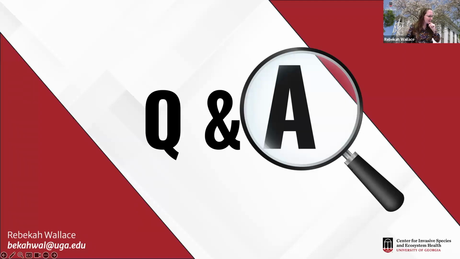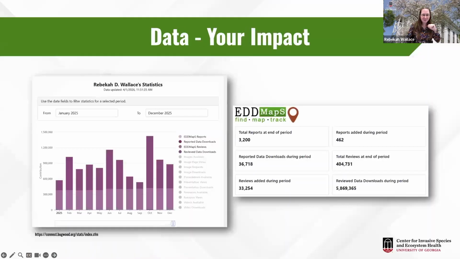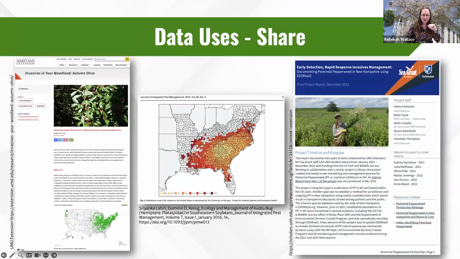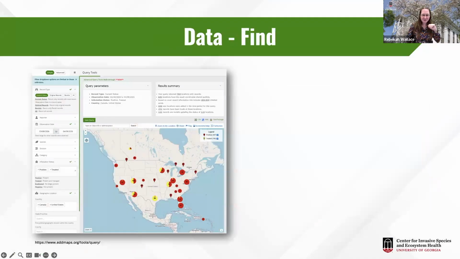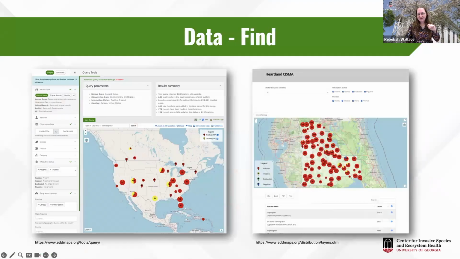Can you download the data from a geographic area other than by county, like a state park property boundary? So if I go back a couple slides here, a little further. There we go. Not too far. So this Heartland SYSMA, this is those other geographic locations I was talking about. In EDDMapS, in the tools section, there's a heading, species locator.